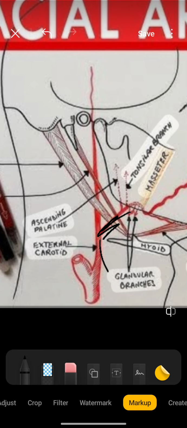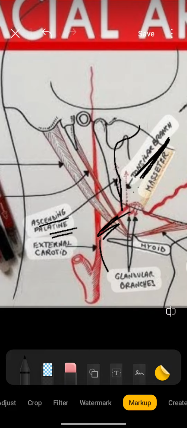In the cervical region, in the neck, first the ascending palatine artery arises near the origin of the facial artery. It accompanies the levator palatini and supplies the palate. The next branch is the tonsillar artery, the main artery of the tonsil. It pierces the superior constrictor muscle and ends in the tonsil.